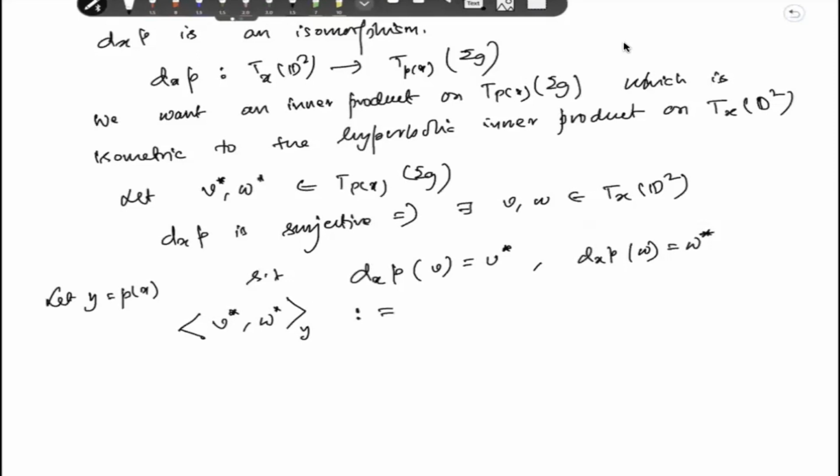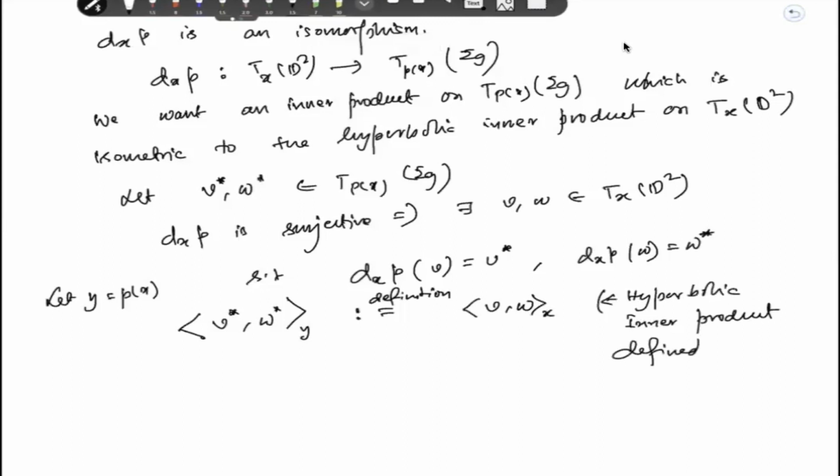So this is my definition. This is defined to be the inner product of v and w at the point x. So this inner product is the hyperbolic inner product defined on the unit disk.